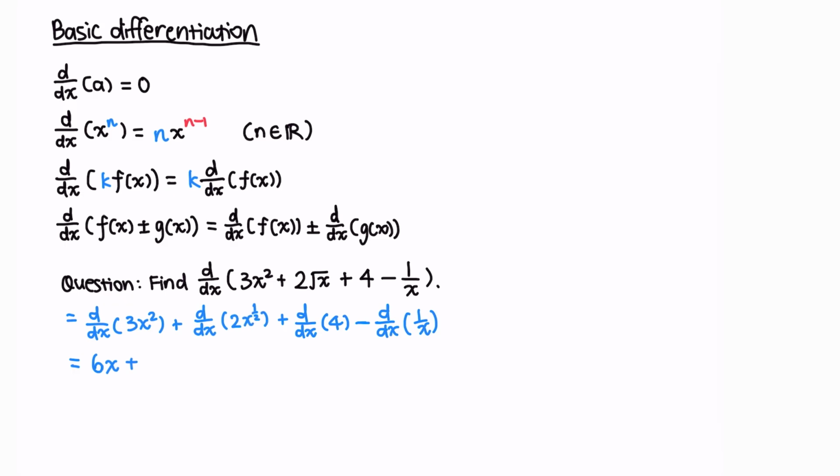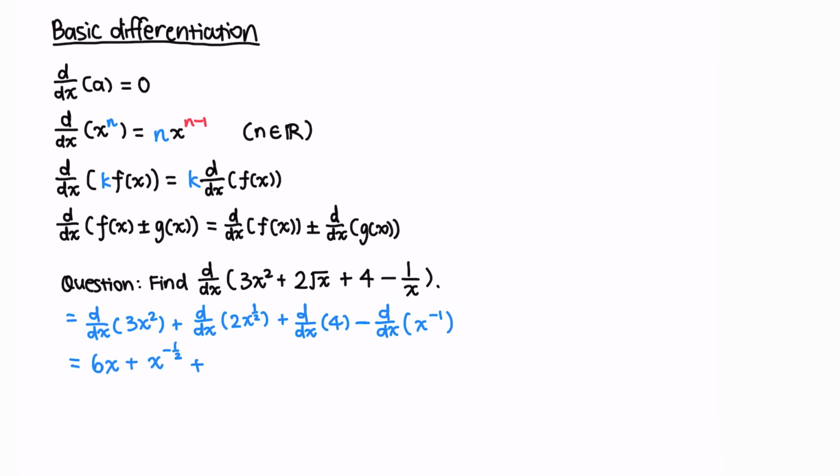I like to write it in terms of power so that I can see it very carefully. If I bring the power down, it becomes 2 times half, which is just 1, and then we have x to the power of -half, because we take half minus 1 for the power. Next, if we differentiate a constant, we just get 0, so there's nothing there. And then finally, if we want to differentiate 1 over x, if I write it in terms of powers, this will be x to the power of -1.